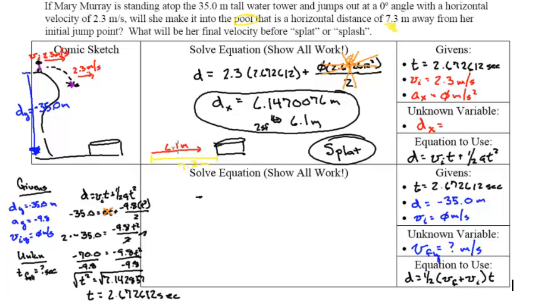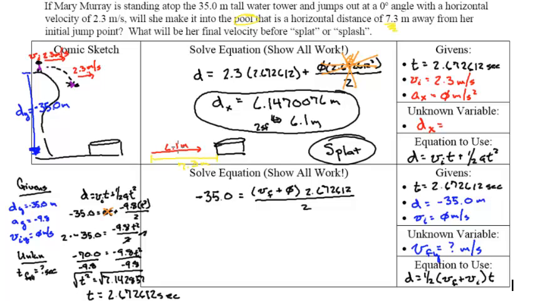So negative 35.0 equals velocity final, which I don't know, plus velocity initial, which is 0, times time, which is 2.672612, all of that over 2.